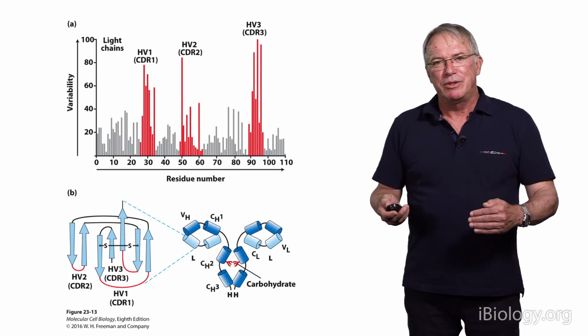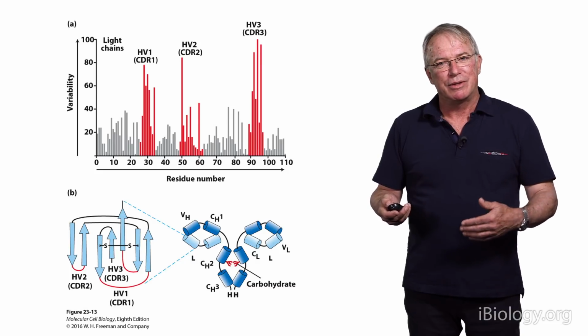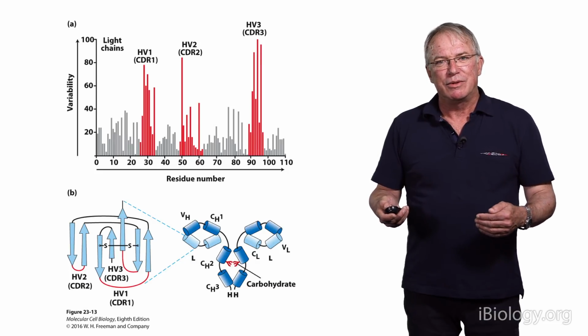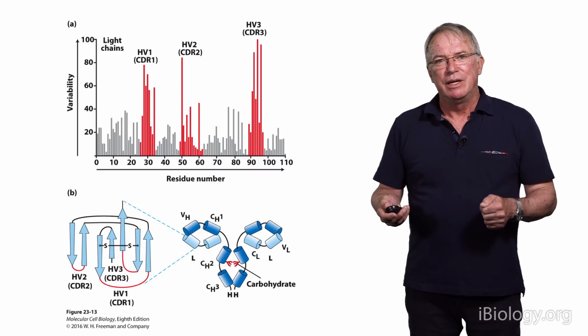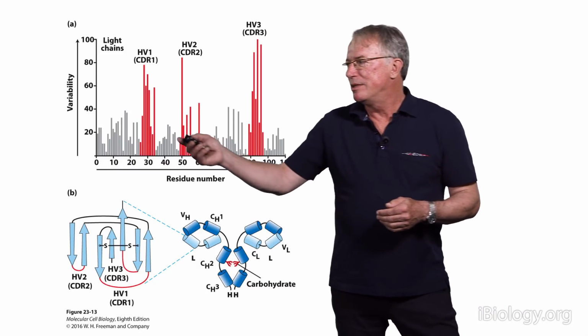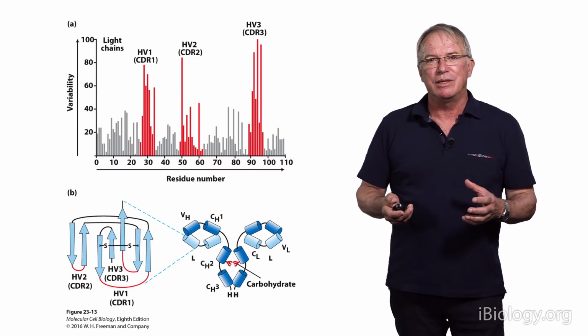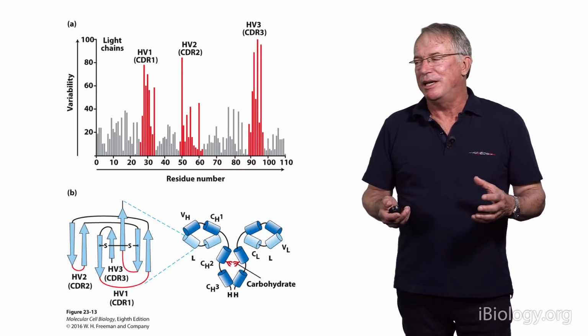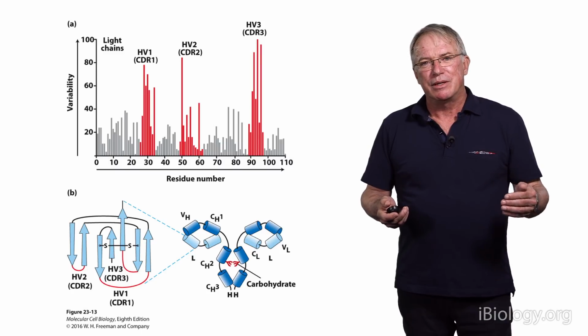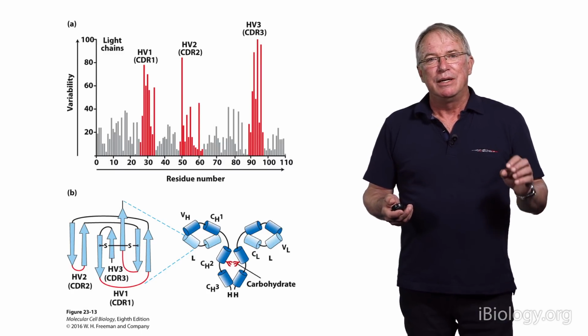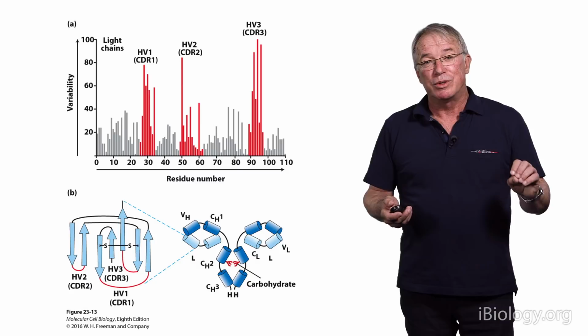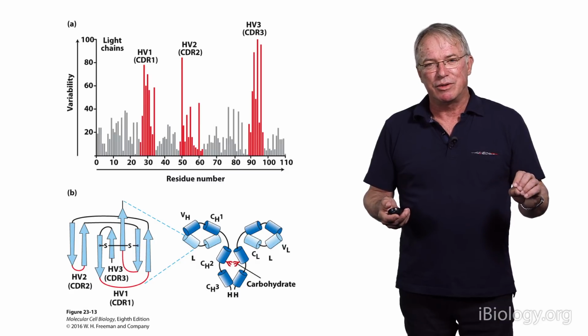And by aligning multiple sequences of either the heavy chain or light chain variable regions, several salient features emerged. The so-called hypervariable regions, indicated in red, are precisely those regions in the molecule that contact the antigen. And if one compares a large number of different sequences, that is also where the majority of sequence diversity is concentrated.